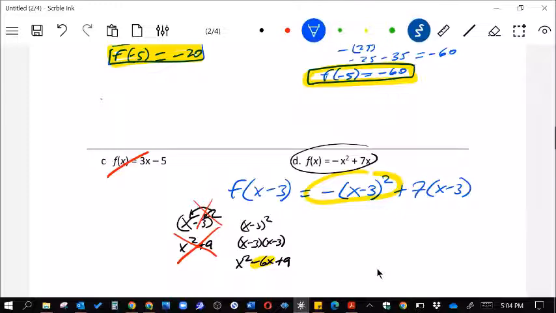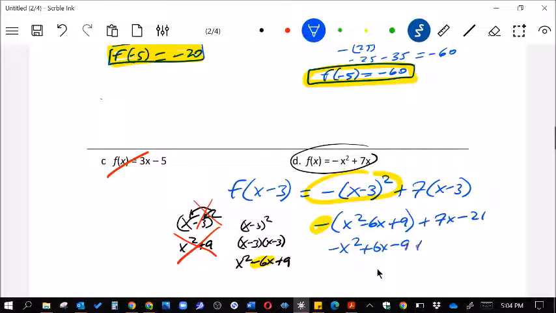So now what we have is minus x squared minus 6x plus 9, and here we have 7x minus 21, so work that out. And this is the other thing, remembering that that negative is used as if it was a negative 1. You multiply that to everything in there.